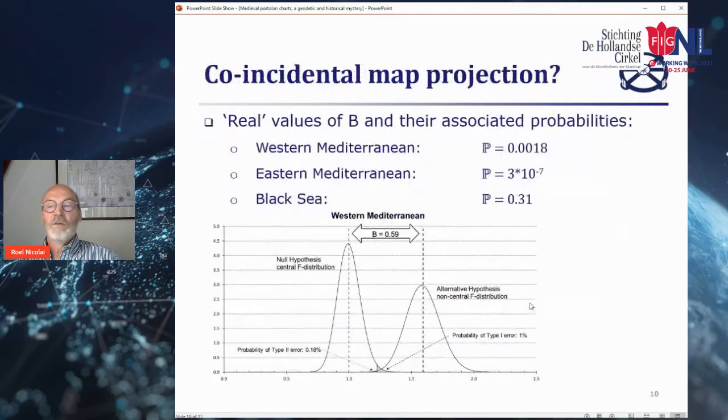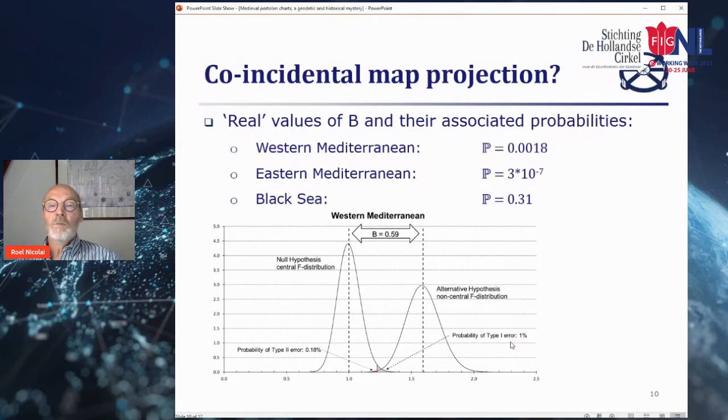The probabilities or p-values computed from these known biases, which I computed for each of the three networks, turn out to be extremely small, except for the Black Sea. And that means the probability of the Mercator projection being coincidental or an automatic artifact is extremely small.